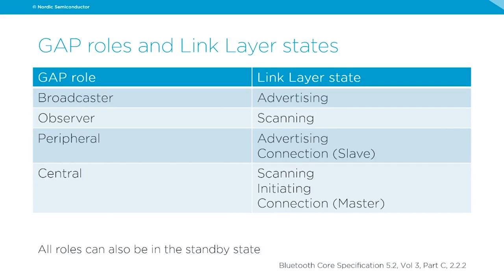When you are an observer, you do scanning. When you are a peripheral, you can do advertising or you can enter a connection as a slave. And when you are central, you can do scanning, you can initiate a connection, and you can enter the connection. All roles can also be in standby state, where the radio is not active.